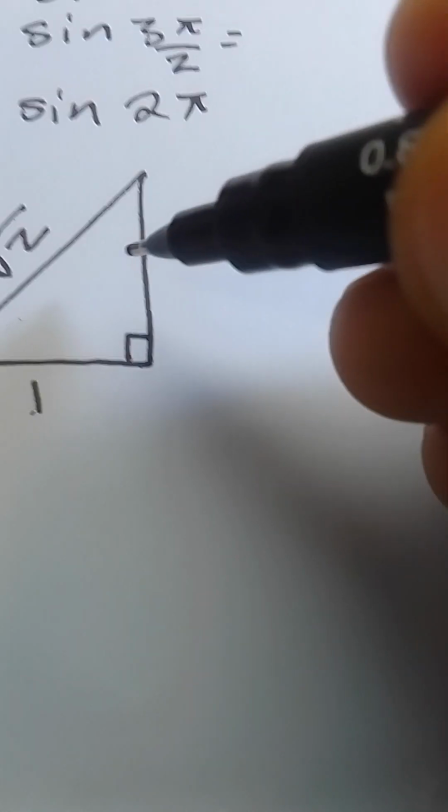Now, we used to have 45 degrees there. If you have 45 degrees, how do you convert it to radians? What you do is multiply by pi divided by 180.